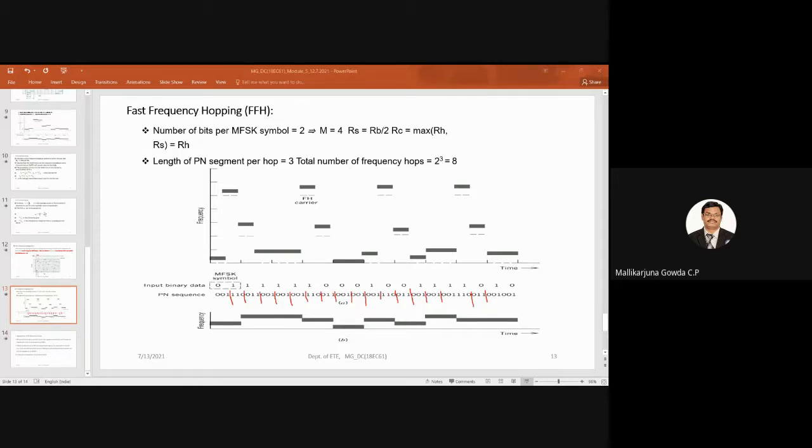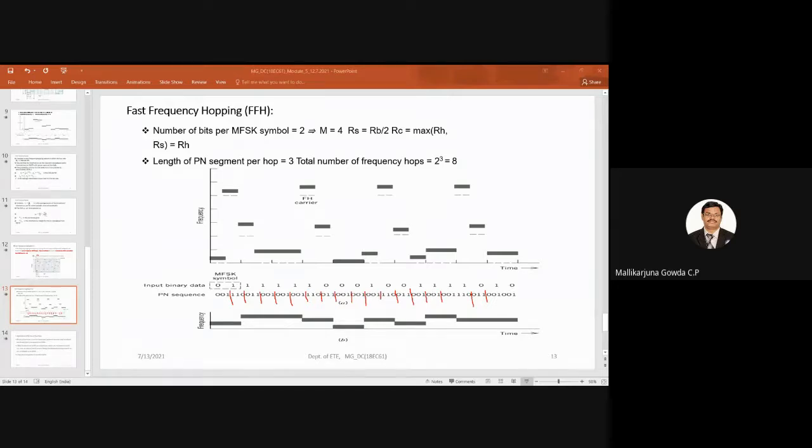So this is another symbol, then this is another symbol, then another, another, another, another, and the last one is this one.